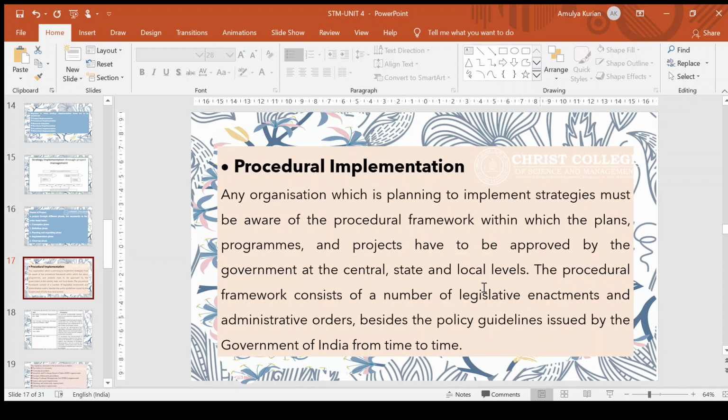So the procedural framework is very important. Basically, you have to see what are the acts which should be considered when you are coming up with your strategy. What are the laws which concern this particular strategy? So you should be thorough with the procedures which should be followed in order to implement the strategies.